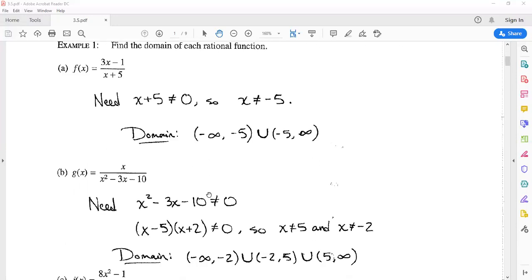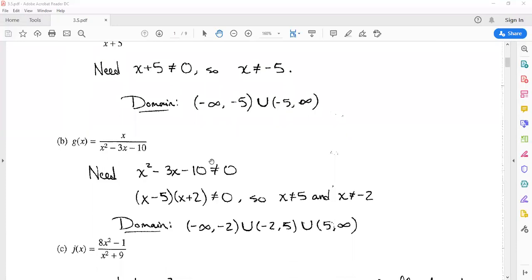All right, the next example they give us is g of x equals x divided by x squared minus 3x minus 10. And again, we'll need that the denominator is not equal to 0. So we have x squared minus 3x minus 10 is not equal to 0. So let's see what we can do. Well, can we factor this? I think it factors as x minus 5 times x plus 2.